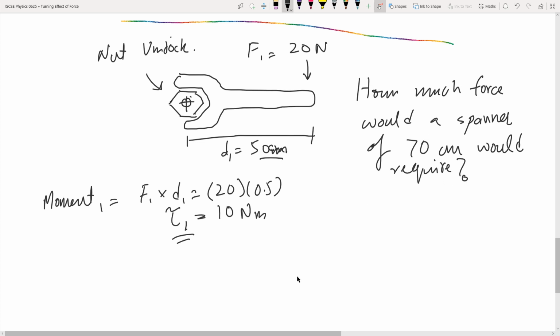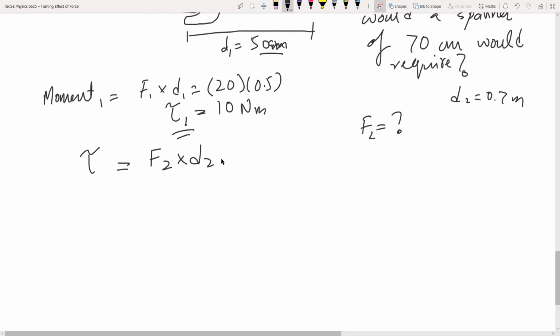We'll do a smaller one as well, but this one is a bigger one. So in this case, we keep the tau the same, and equate it to F2 into D2, and we're supposed to find F2. D2 is 0.7 meters. So 10 newton meters equals F2 into 0.7 meters.